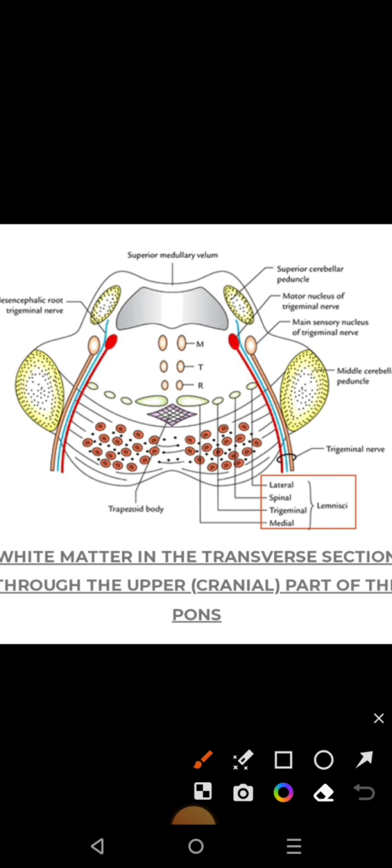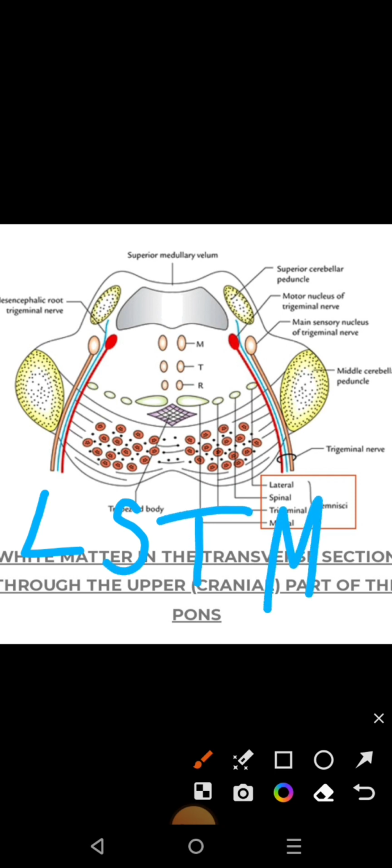So make a mnemonic for you, that is, let's see the movie. How does it help you? The lateral most is the lateral lemniscus, then comes the spinal lemniscus, then comes the trigeminal, and then comes the medial most, the medial lemniscus. So make this mnemonic your pet and you will learn them easily, right?